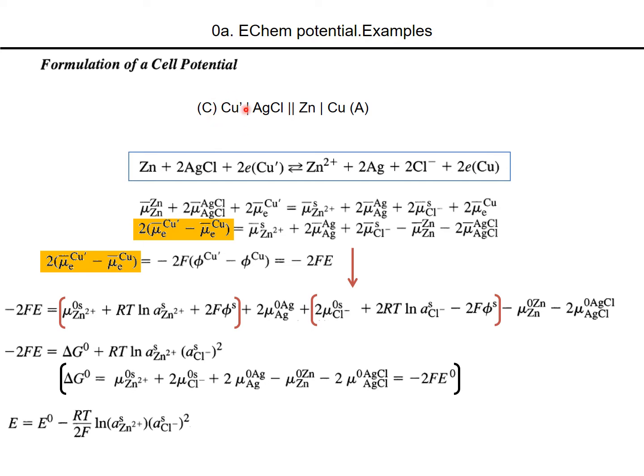On the copper prime, we have a silver chloride solid film. You should recognize that silver chloride is solid, a solid film. Then silver chloride goes to silver plus and Cl minus. Let me write it down here. It goes to silver metal plus chloride minus.